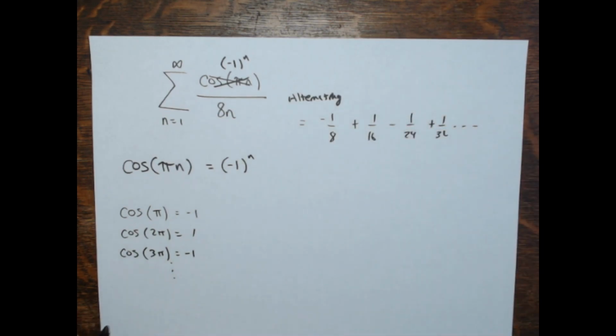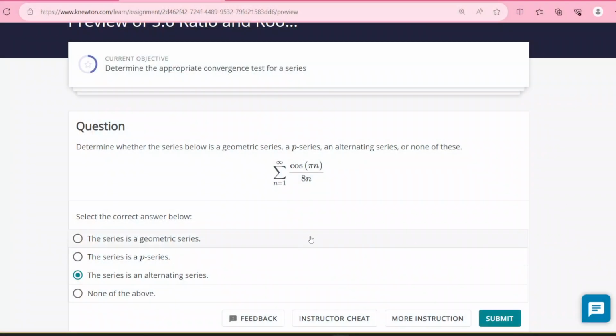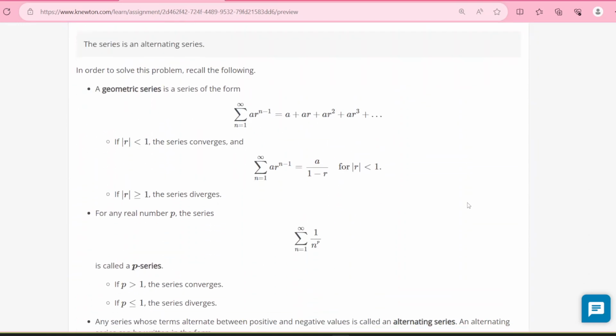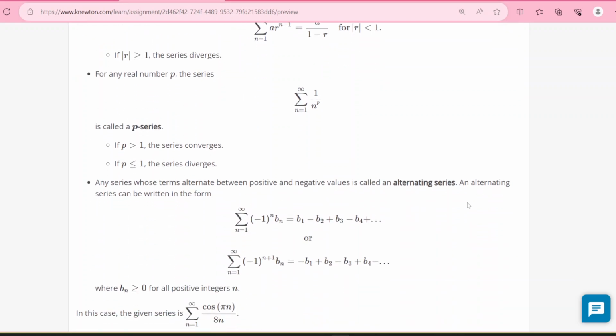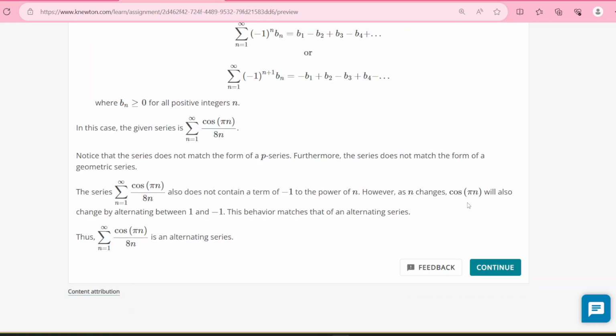It's alternating for sure. So the series is an alternating series. And again, they remind you about what a geometric series is going to look like, what a p-series is going to look like, alternating series. Okay.